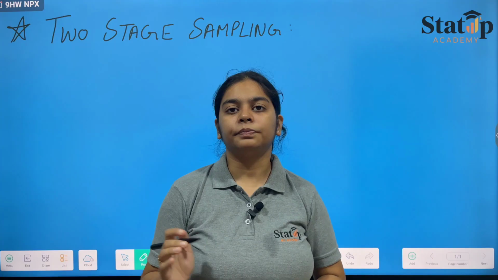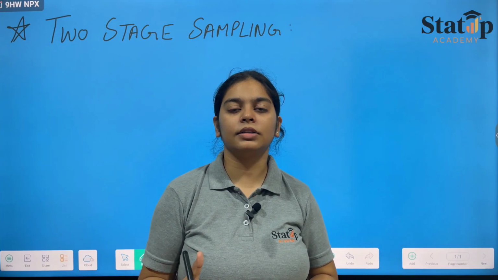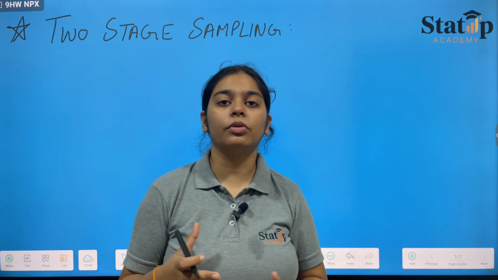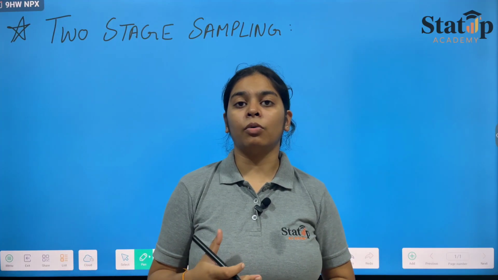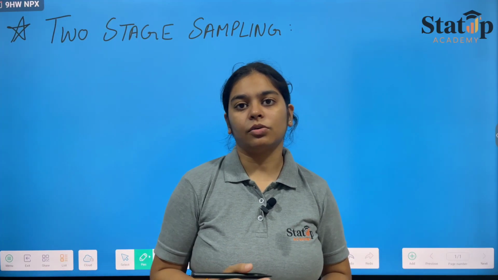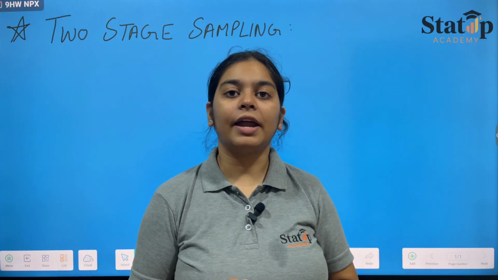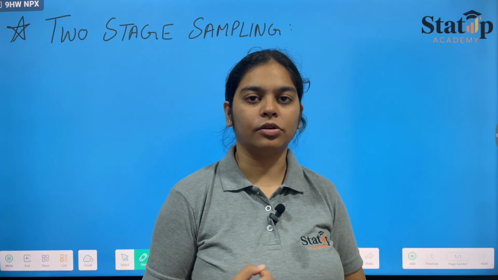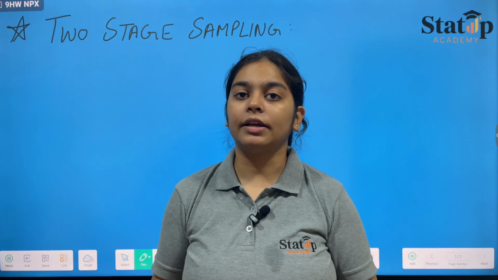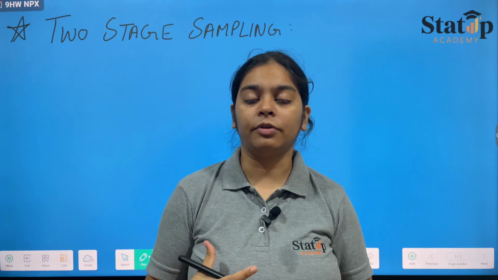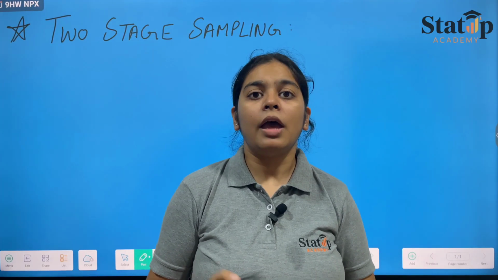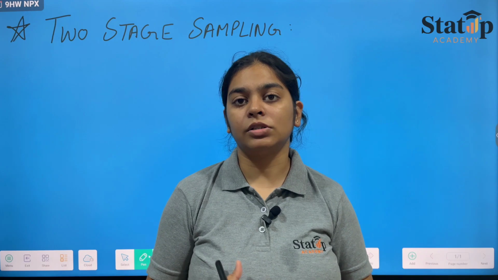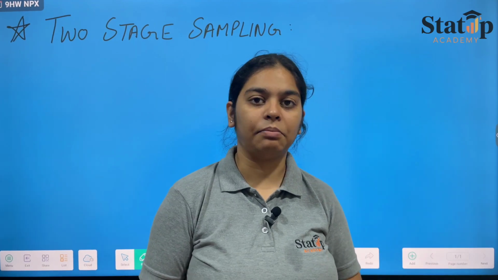The third is the cluster of people who are labor class or who have a low-income profession. So we have divided our population into three clusters or groups, and from that we'll do individual sampling, and that is known as cluster sampling. This cluster sampling holds importance in two-stage sampling as well.